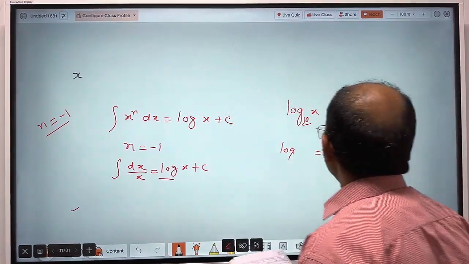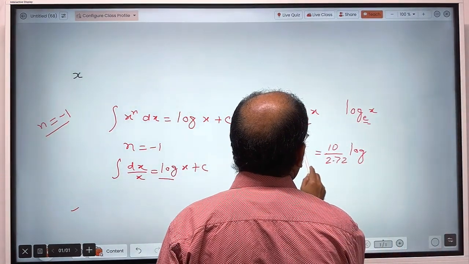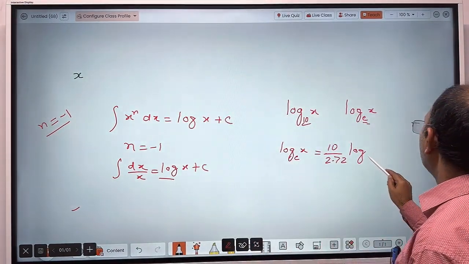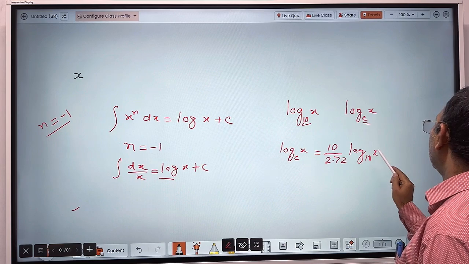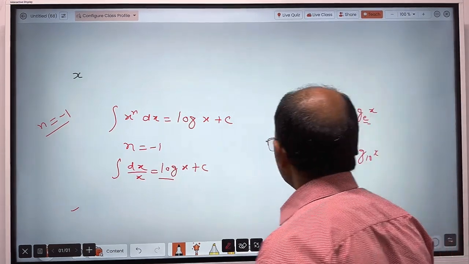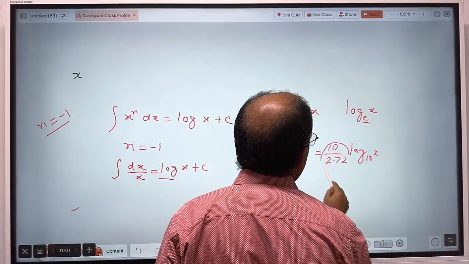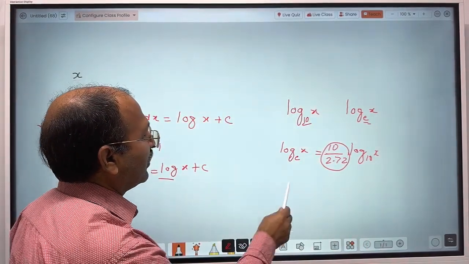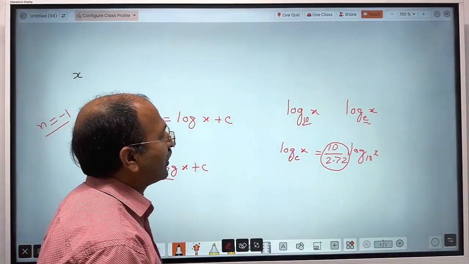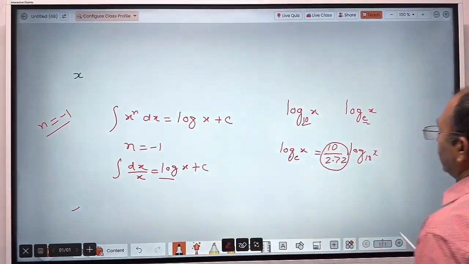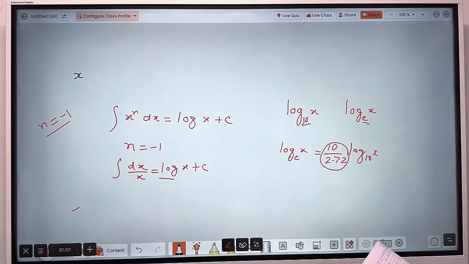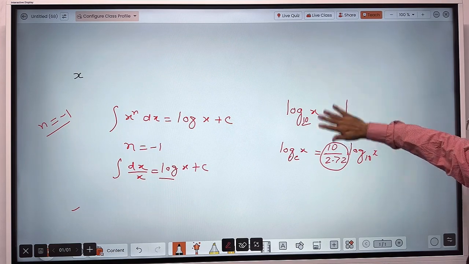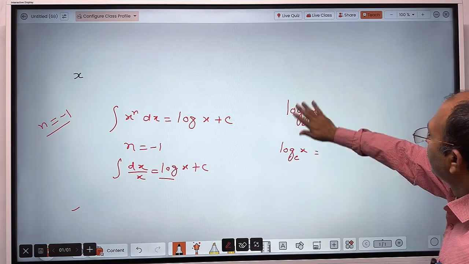Here, log of x equals this times log base 10 of x. So in various places you will get this relation. Here 3 point something will be used by dividing whatever value you are getting. So this is how the two are related, and you will get a log table from where you can put these values. Generally the log table is based on log base 10. So we will study about it.